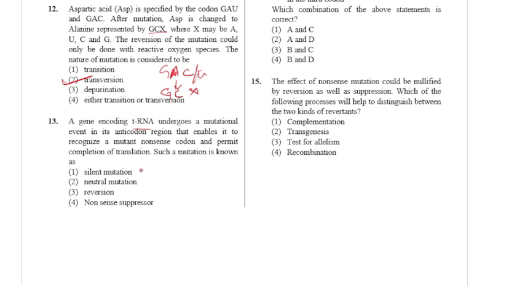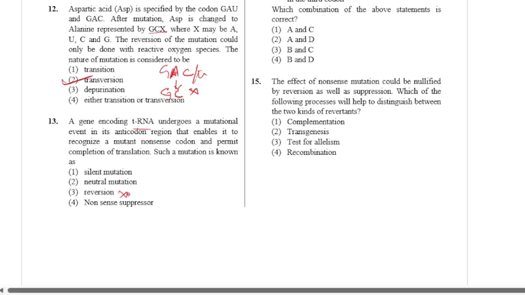Such a mutation is known as, so this mutation in the tRNA can find a mutant codon. Nonsense suppression could be the answer. This is not a reversion.